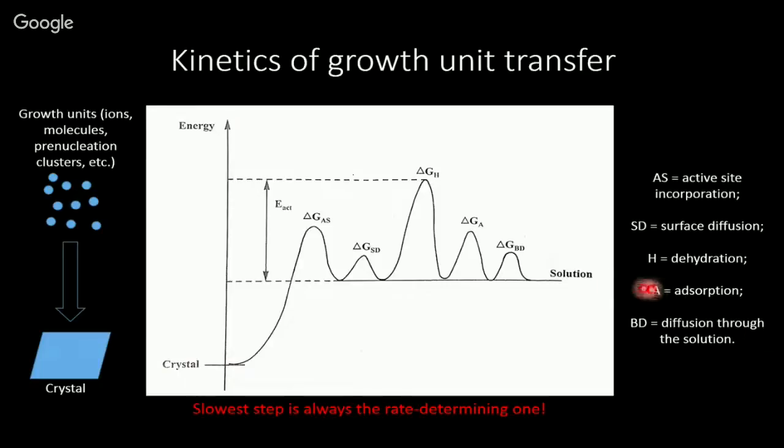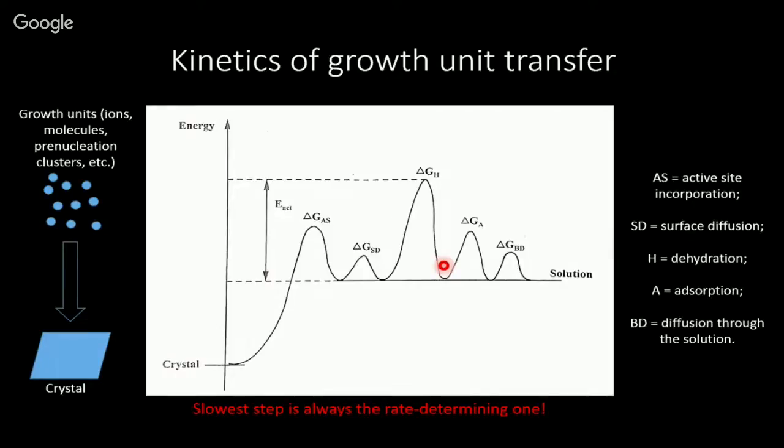Once it does that, it crosses the first energy barrier. There's another barrier, that is the absorption. Okay, so it comes to the crystal, but it has to physically bind to the crystal. Absorption is a physical bonding, not chemical bonding. So that's the second barrier. It's higher. Then the third barrier is dehydration.